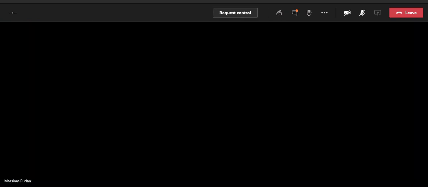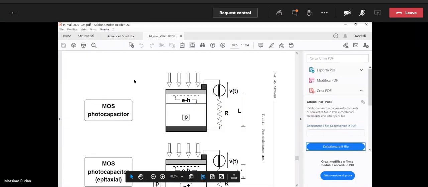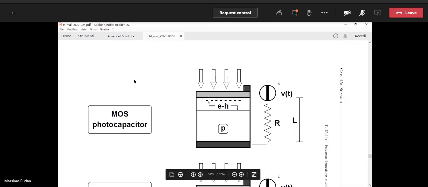Okay, there we are. So you should look at the upper part of the figure here. We have the standard structure of a MOS capacitor.